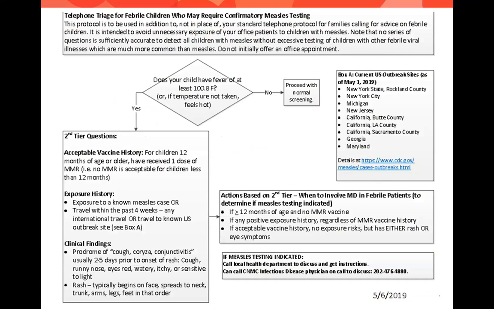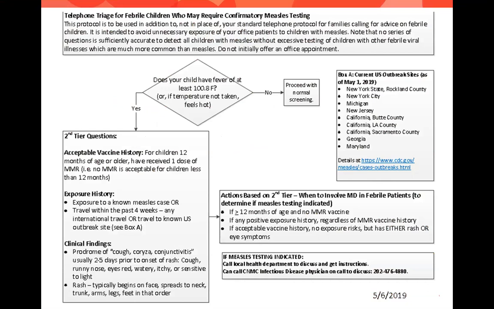So this triage tool, which we have here on the slide, which can be made available to all of you as well in case you'd like to use it, is a protocol that should be used in addition but not in place of standard telephone protocol for families calling for advice on febrile children.